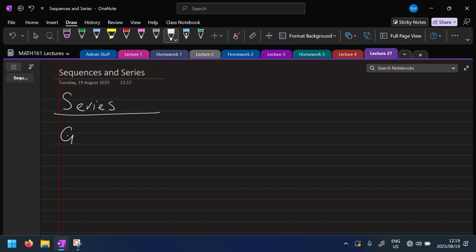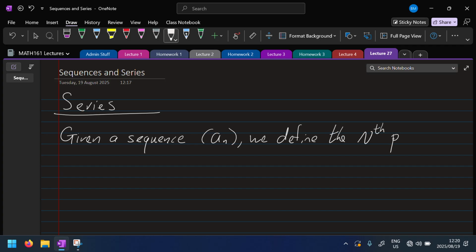Given a sequence a_n, so this sequence is anything like we covered last week. All of those sequences from last week, that's something like a_n. We define the nth partial sum.